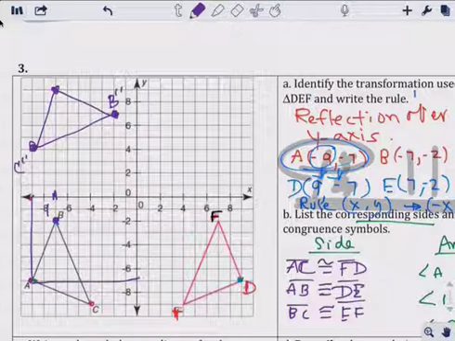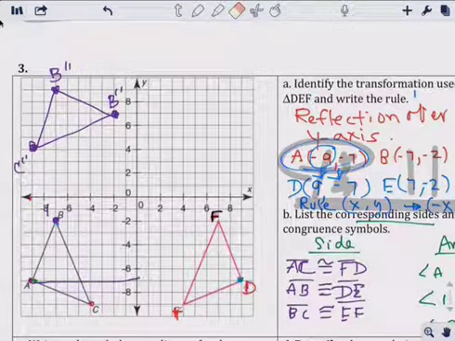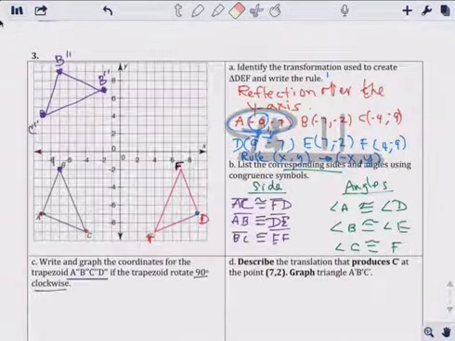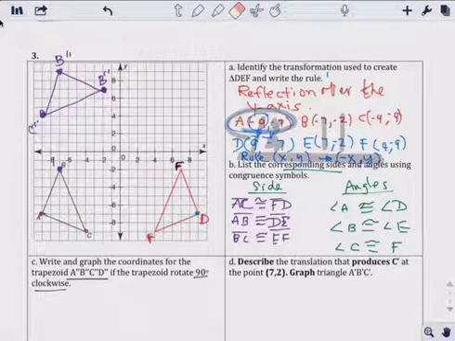Like that. Notice even when we graph it, we're saying the number, we switched the numbers around. It was 9, 7, now it's 7, 9. I'm sorry, this is A double prime.